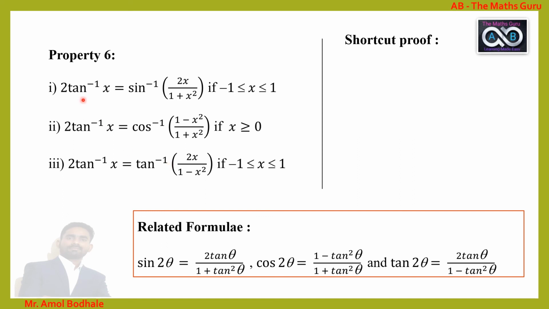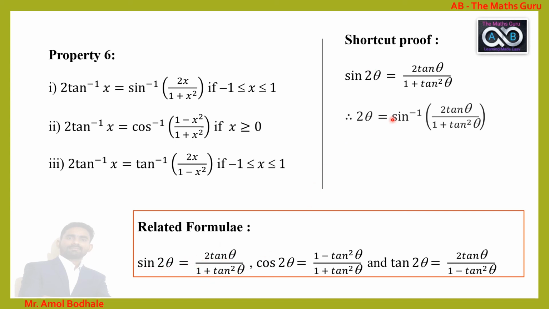Let's see how we can prove this first one in shortcut. As we know, sine of 2 theta equal to 2 tan theta upon 1 plus tan square theta. So here we can write 2 theta equal to sine inverse of this. Now instead of tan theta we'll put x, and instead of theta we'll write tan inverse of x.